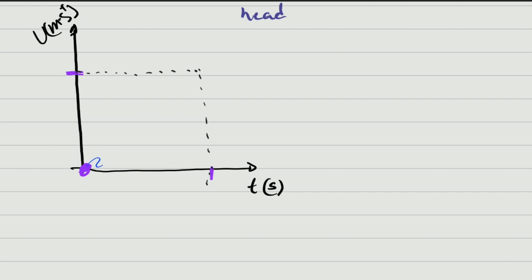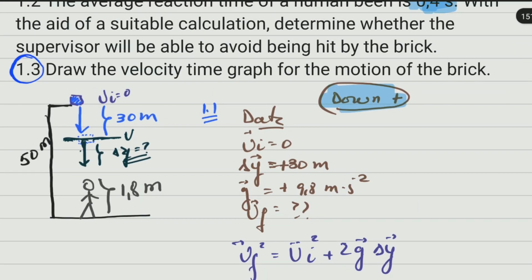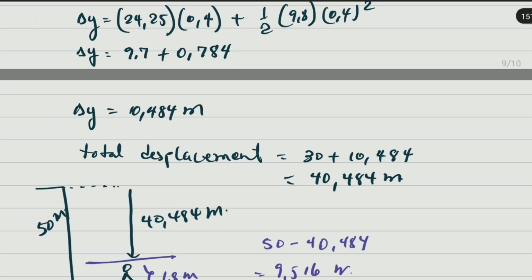So the velocity increases from 0 to the value at that point, and I'm saying this is going to be just a drawing, no numbers needed. We are going to later on have a video on just graphs, but this is the first question, guys. I hope you understand. We are going to do another question right now.